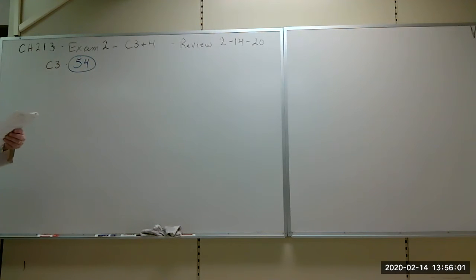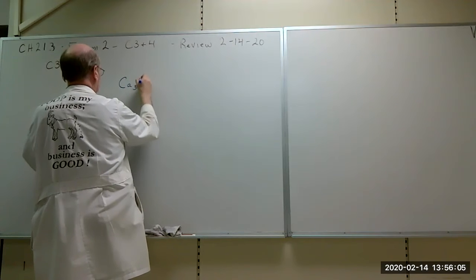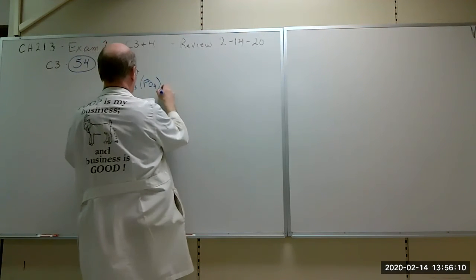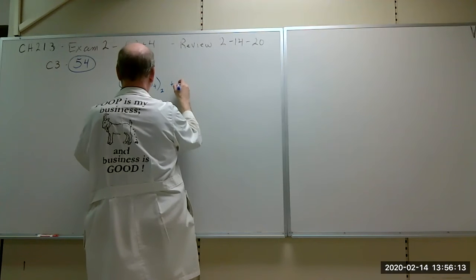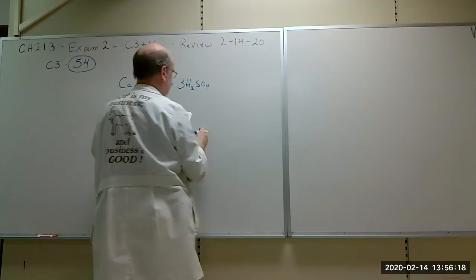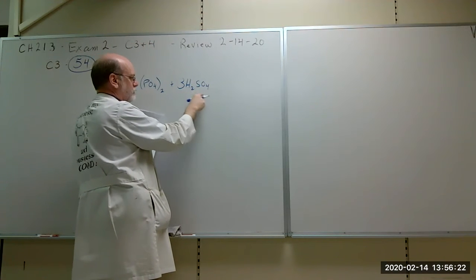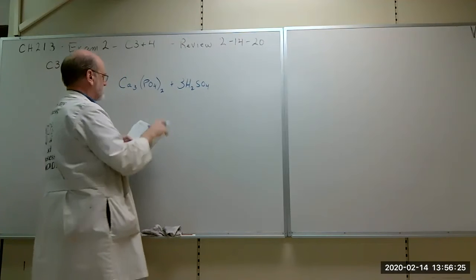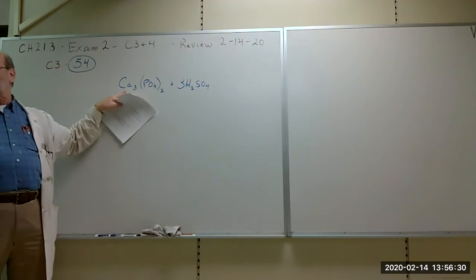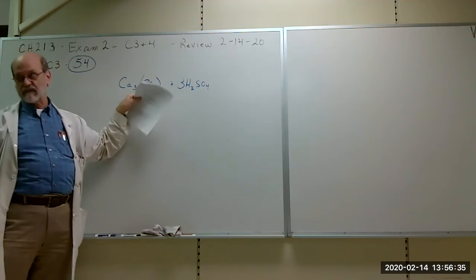Okay, so we're given the balanced equation. That was nice of them. Ca3(PO4)2, taken twice, plus 3 H2SO4, sulfuric acid. This is a type 1 compound. Calcium is from the second family, so it's just calcium phosphate.